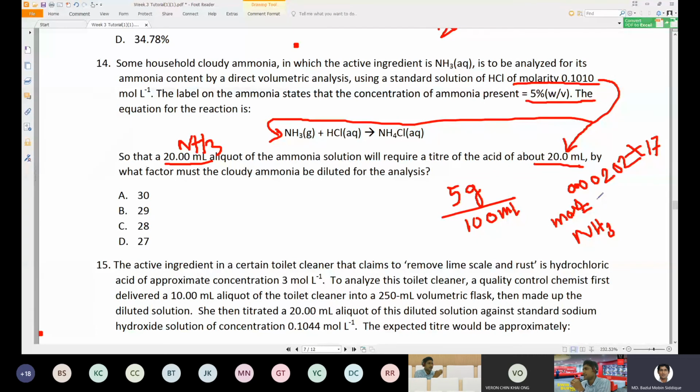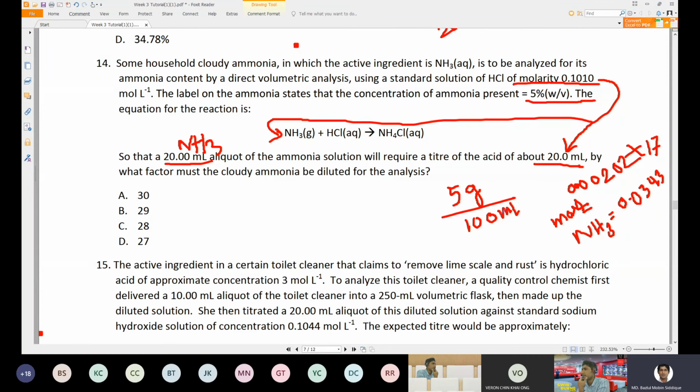So here we find the gram of ammonia, and that will be 0.002 times 17, which is 0.0343.